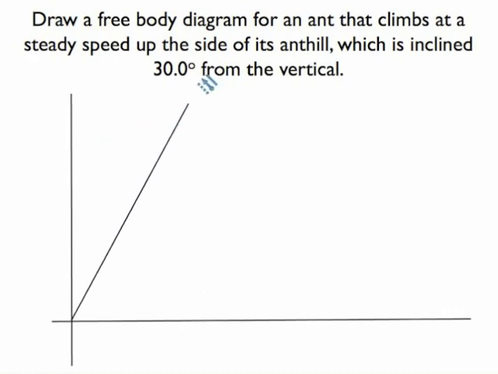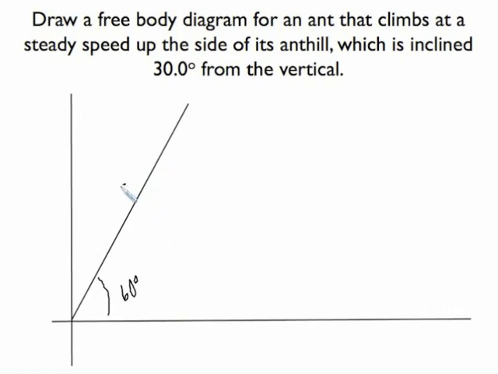And just to be clear, I'm going to write that this is 60 degrees, so everybody knows that that's 30. That way, whoever's grading my diagram knows that I knew what I was doing, and I did my 30 degrees from the vertical, not from the horizontal.